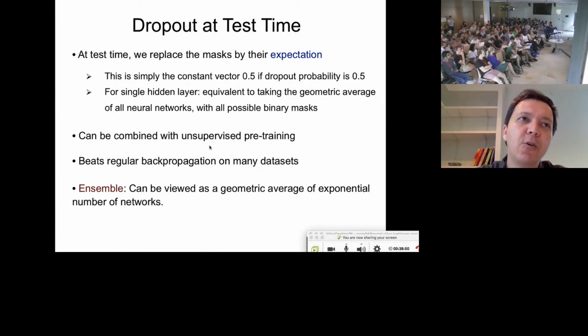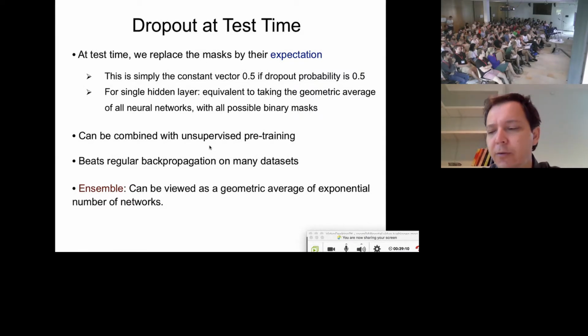But in general, for multi-layer neural networks, it's an approximation. Sometimes it can be viewed as a geometric average of an exponential number of networks. It typically beats regular backpropagation on many data sets, and it is now part of the state-of-the-art model for a lot of different data sets.